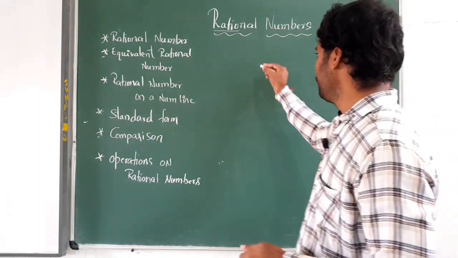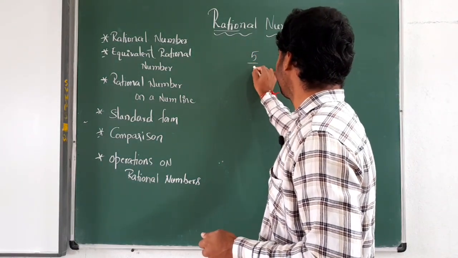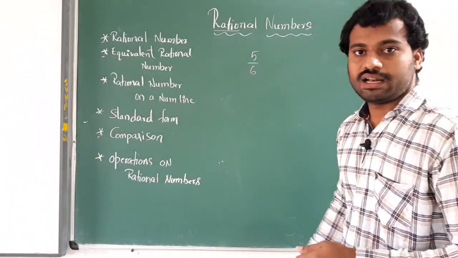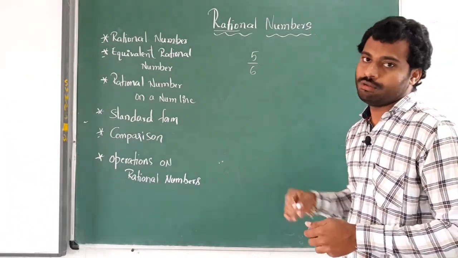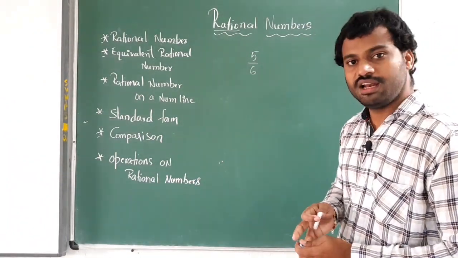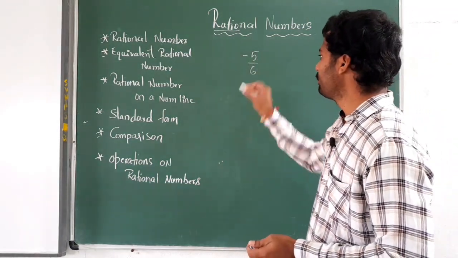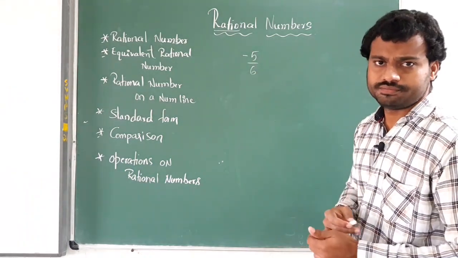Consider one rational number, 5/6. Rational number means maybe positive, maybe negative. Clear or not? So anything may be. So I will go with the negative number. No problem.